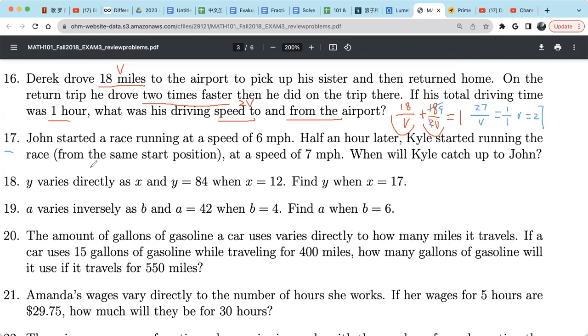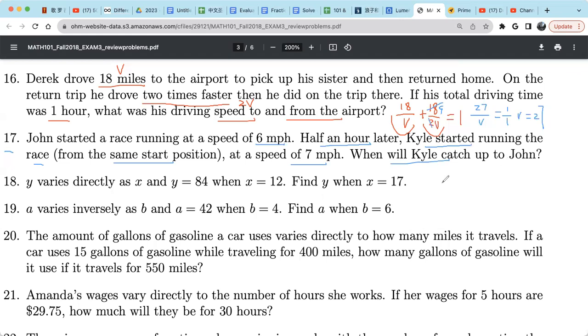Let's see 17. John started a race running at a speed of 6 miles per hour. Half hour later, Kyle started running the race from the same start position at a speed of 7 miles per hour. So when will Kyle catch up to John?